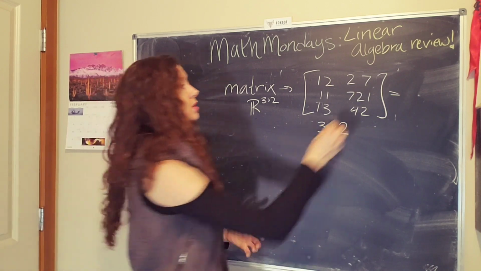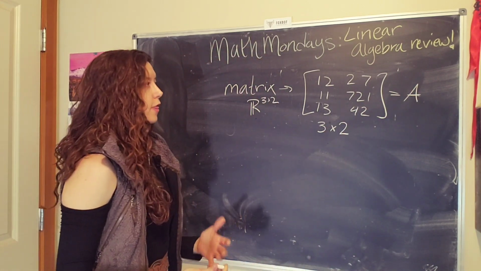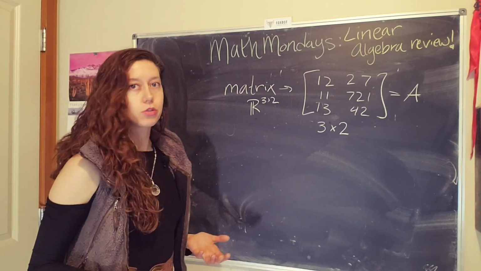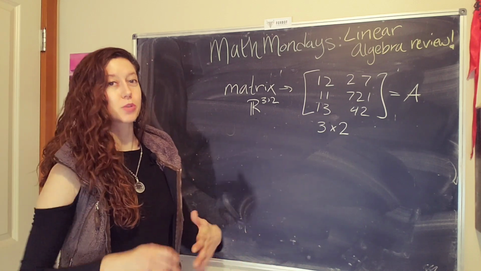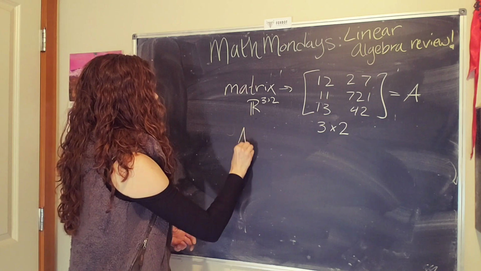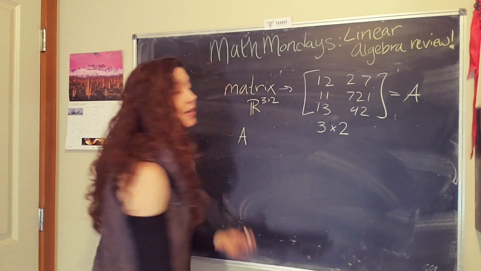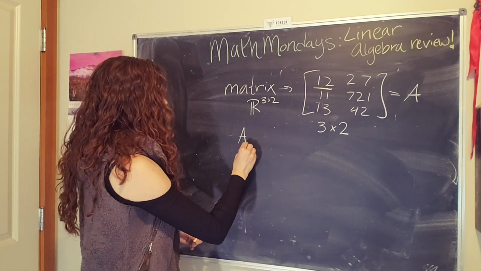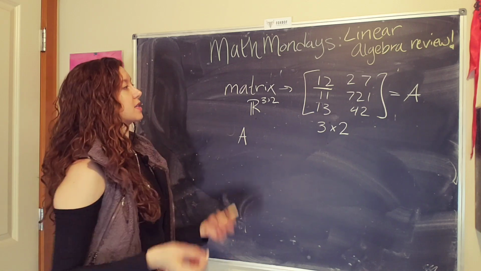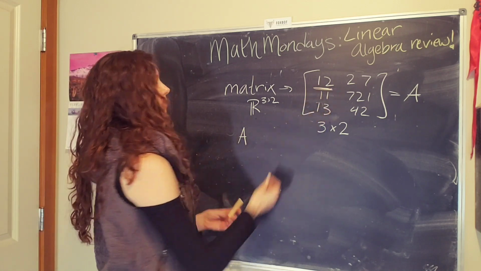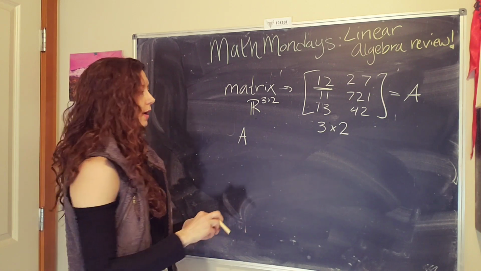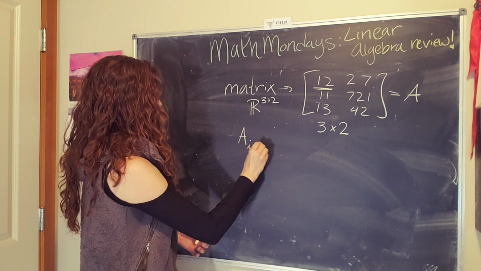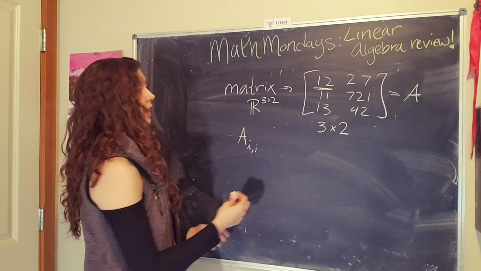If we want to talk about individual elements of a matrix, first of all, we often use capital letters to indicate that a particular thing is a matrix. So a capital letter often means we got a matrix. It's not just one number, it's a set of numbers. It's an array of numbers. But if we want to talk about one specific number in the array, like let's say we want to call out 12, because we have a data set and we're asking some questions, we can call that out with little subscripts, i comma j, where i is the row and j is the column.